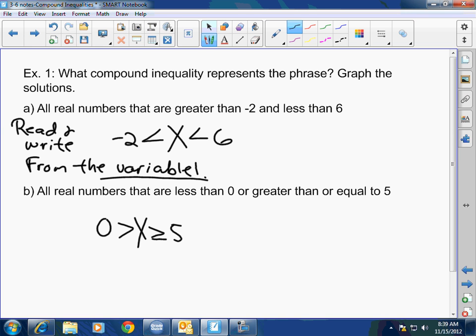That's one way. But since it's an or, you're also allowed to say x is less than 0 or x is greater than or equal to 5. You cannot do that for the and, but you can do that for the or. Does that make sense, gentlemen?